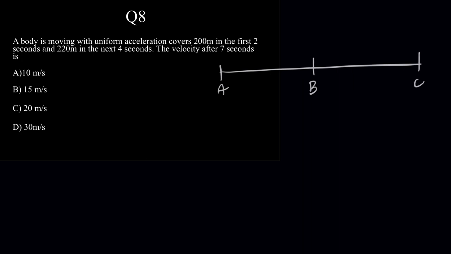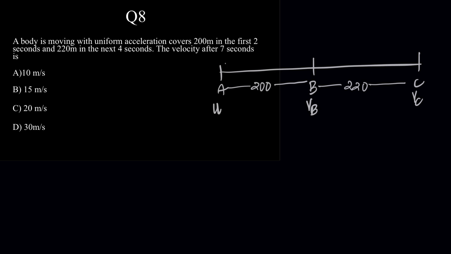Say the velocity at A is u, velocity at B is vb, and velocity at C is vc. Distance AB is given to be 200 meters. Distance BC is given to be 220 meters.